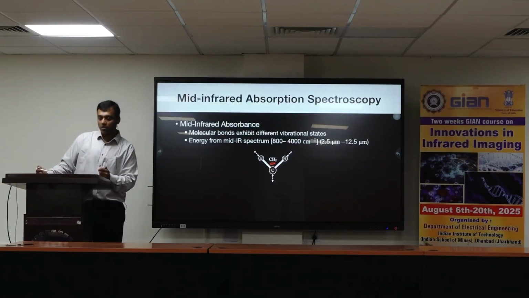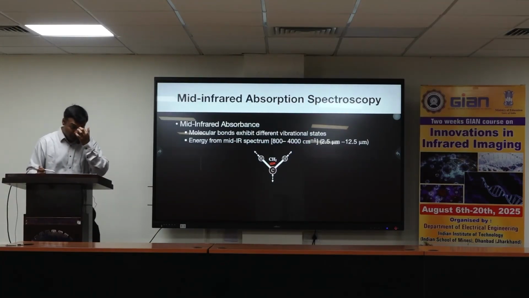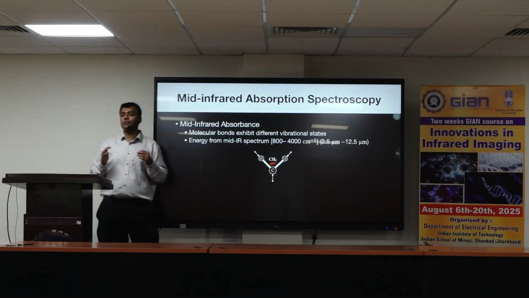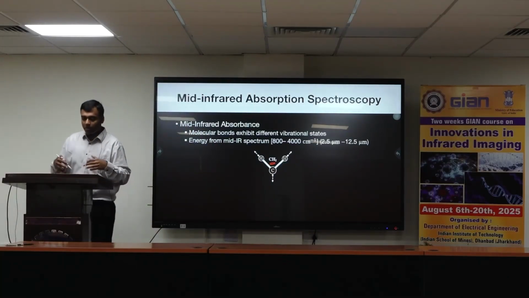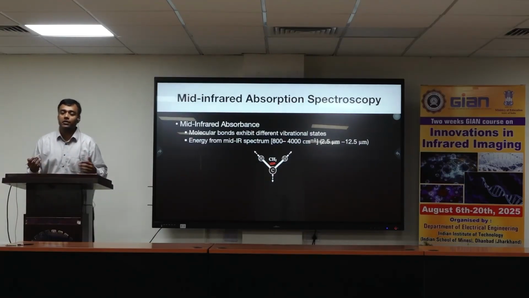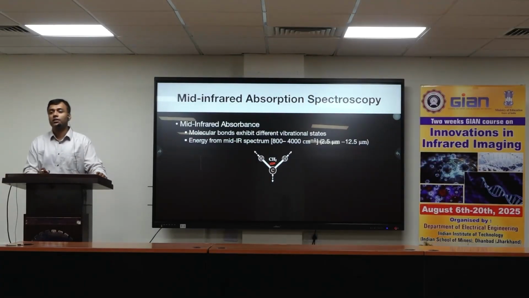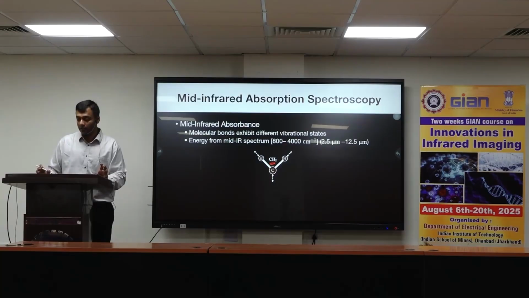This is called vibrational spectroscopy, and it is one of the best ways to identify molecules, organic molecules in particular. It is a very good way of identifying chemical composition.